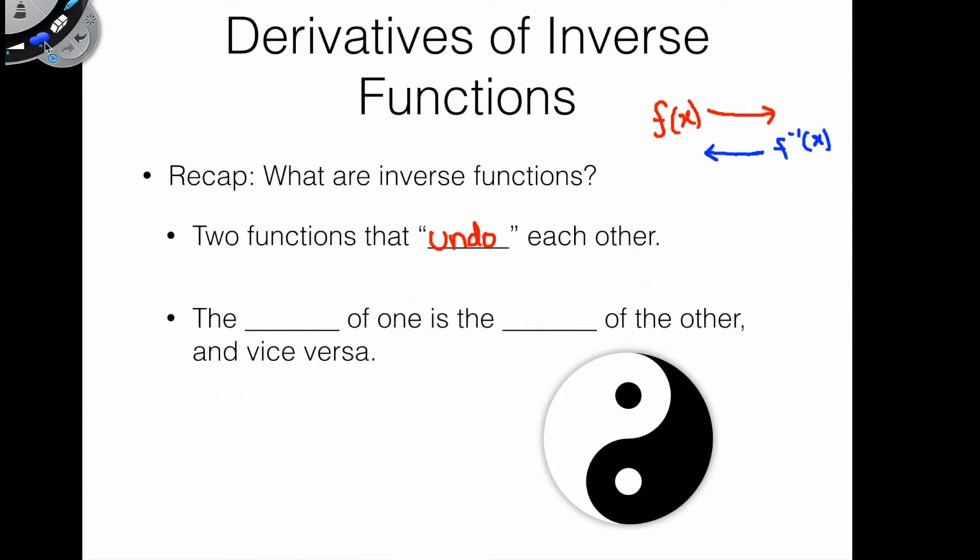Second point, this is that the input of one is the output of the other, and vice versa. And again, this makes sense based on what we talked about here. If I plug some input into my original function, and then I run that through the inverse function, that same input is what my inverse function spits out.